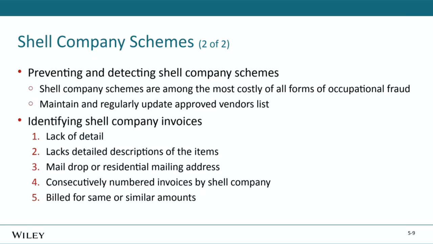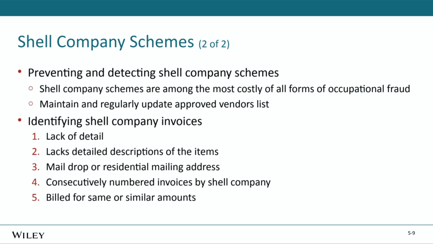Again, shell company schemes are among the most costly. How do you identify one? Such things as lack of detail on their invoices, lack of description. Again, thank you, Google Maps. It's very easy now to simply punch in the address and it'll show you where it is.